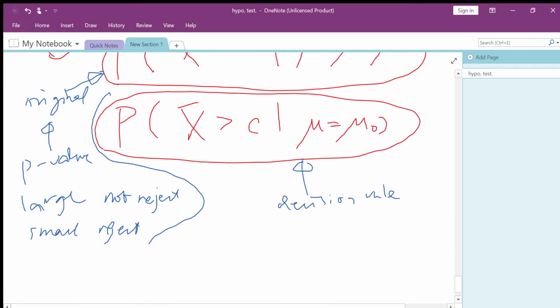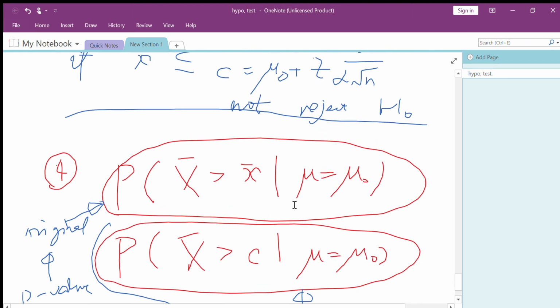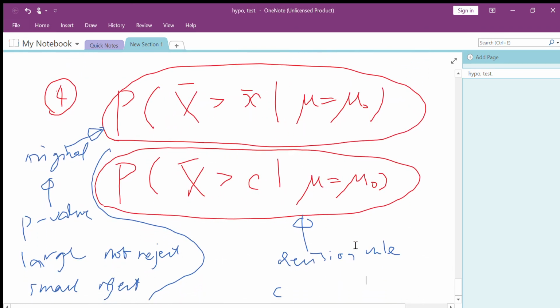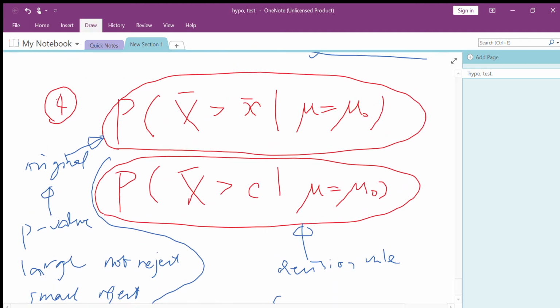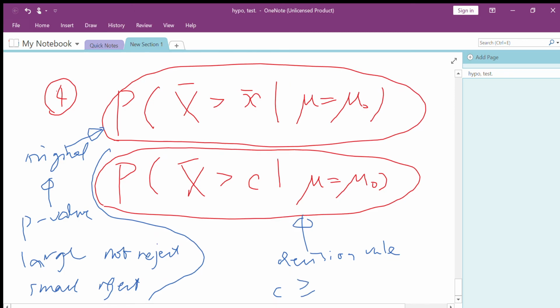So for C greater than or equal to small x bar, what should we do?